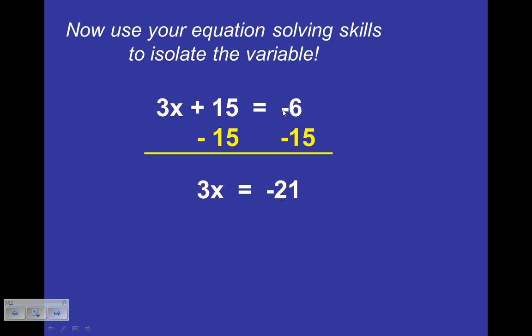Now this is where people get messed up, because this is negative 6 minus 15. I've got 6 negatives and 15 negatives. Well, you have to think, how many total negatives do you have? Negative 21. Now we divide by the exact number with the x, which is the 3. So now you get x equals negative 7.